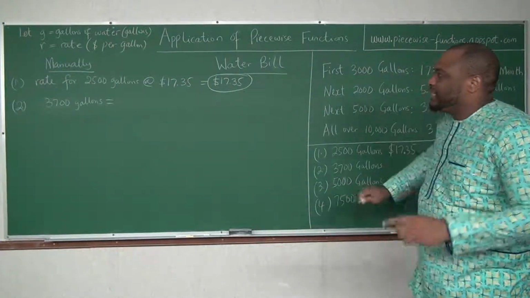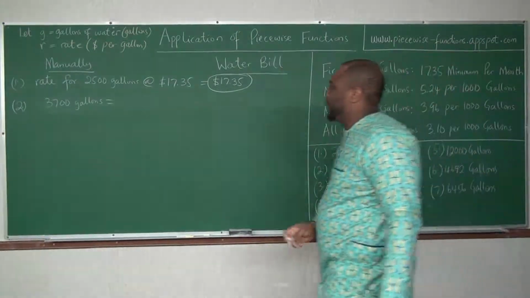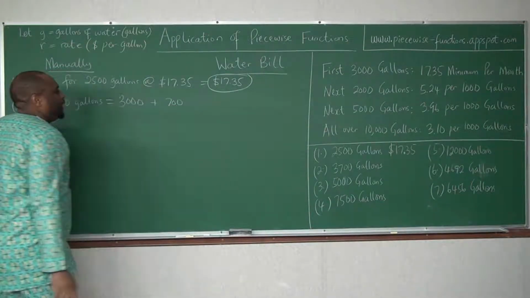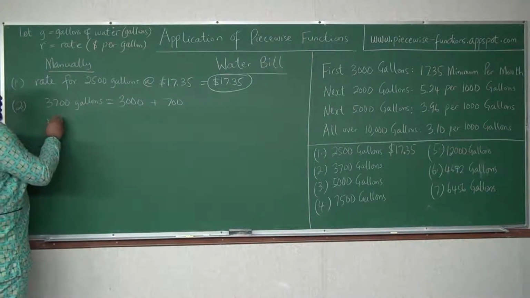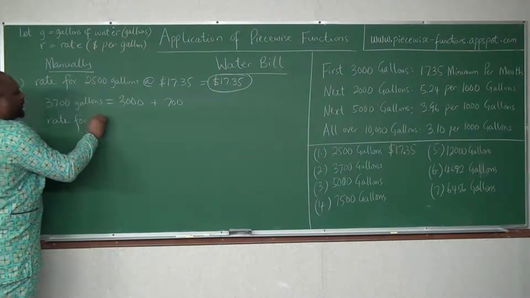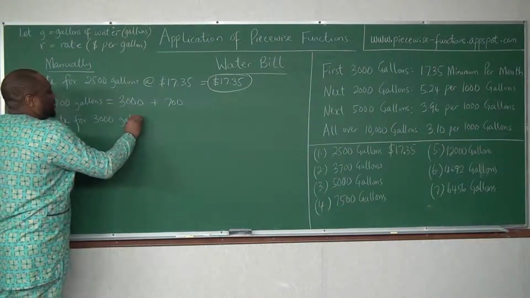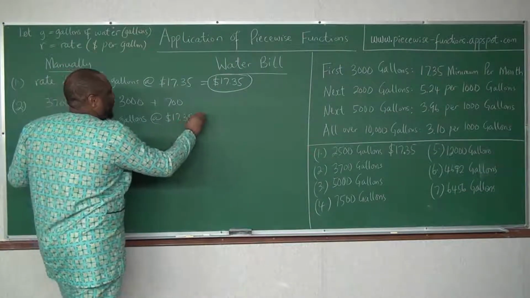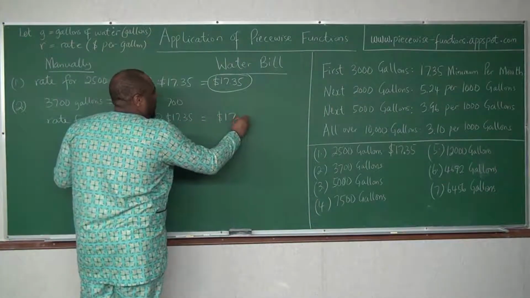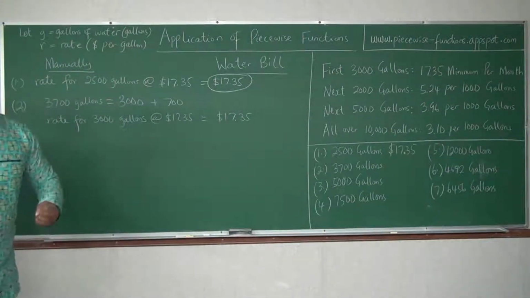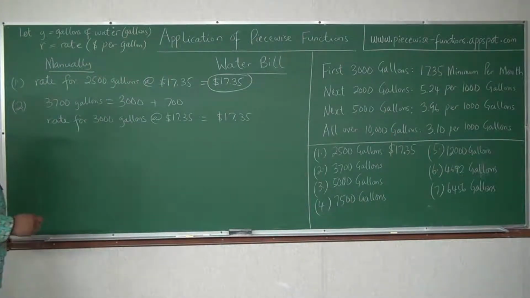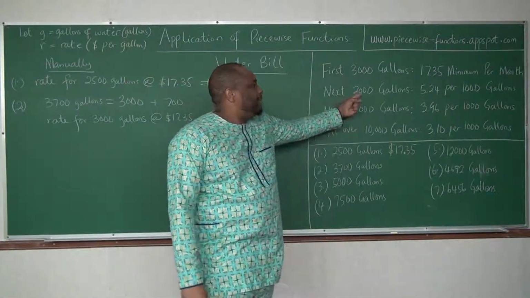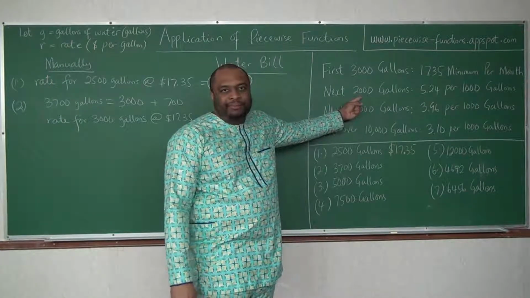Now, 3,700 gallons, we have 3,000 gallons plus 700. So the rate for 3,000 gallons is $17.35. Now the next gallons, the 700 gallons, comes right here.